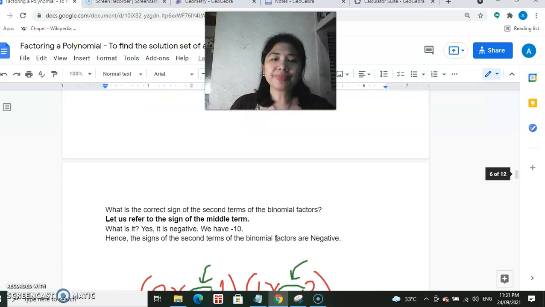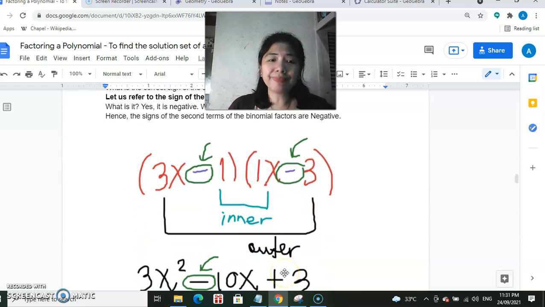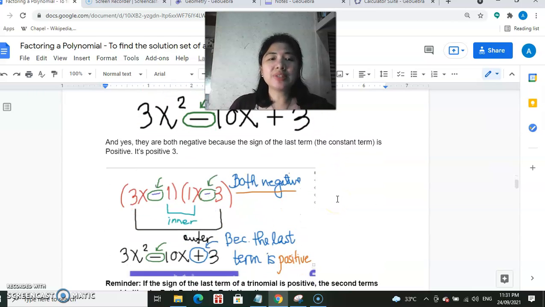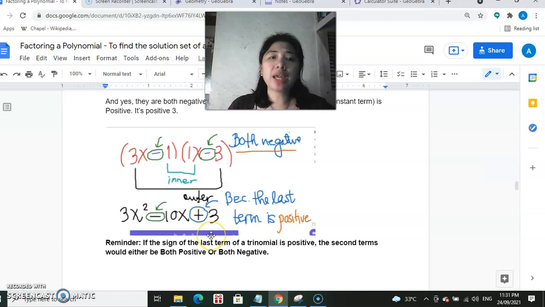But again, we checked a while ago that the sign of the middle term is negative. So the sign of the second term of the binomial factors will be negative. And that is consistent also when we check the sign of the constant term, the last term, which is positive.